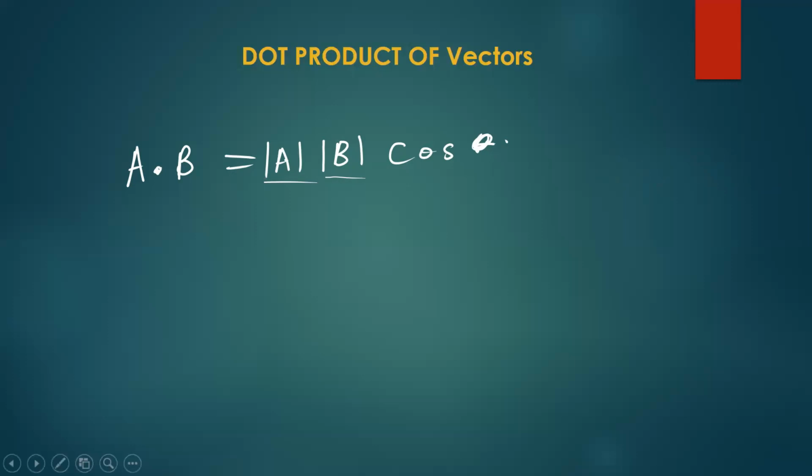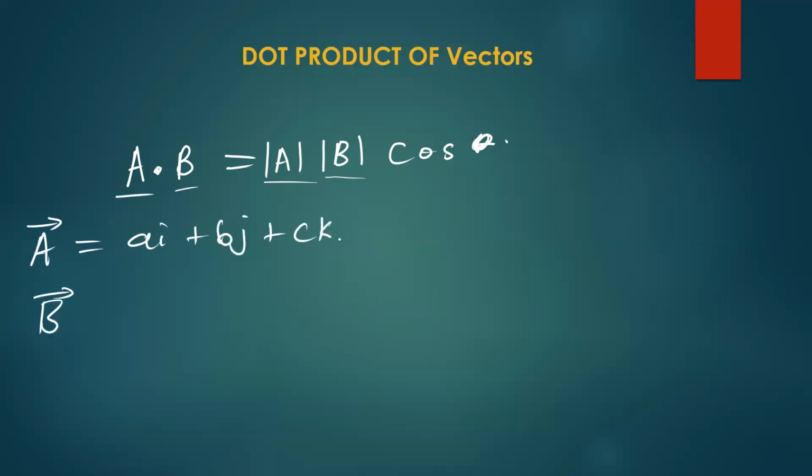And one thing that you have to understand about this part is that when you have two vectors, vector A and vector B, let's say for instance you have AI plus BJ plus CK, and then you also have XI, YJ, and ZK. Then you've been taught to find the dot product of these two vectors.